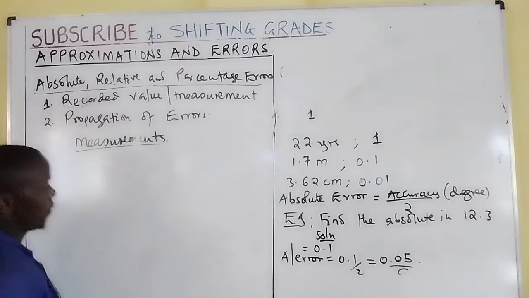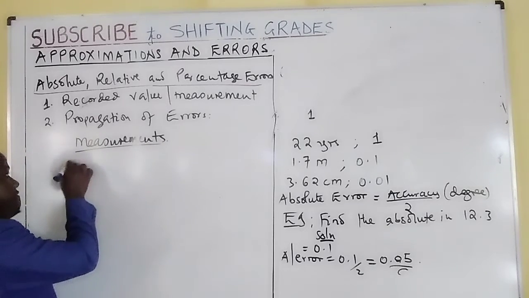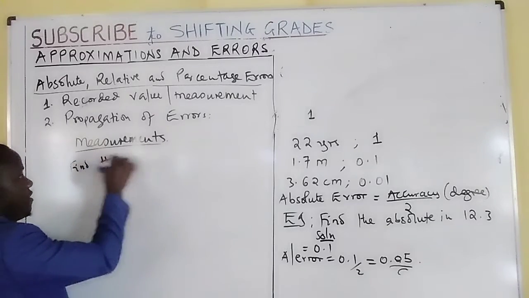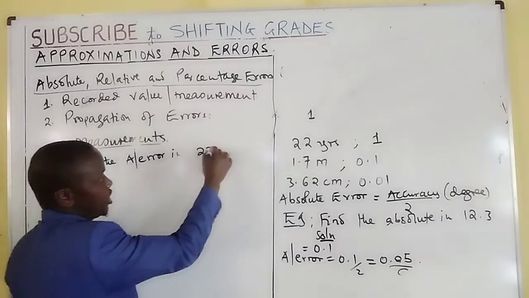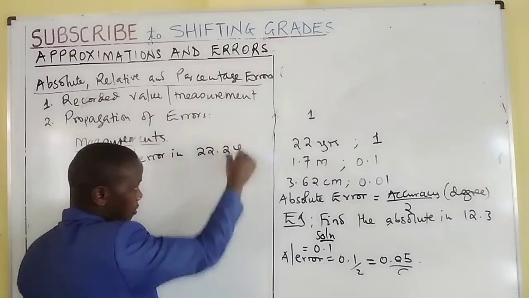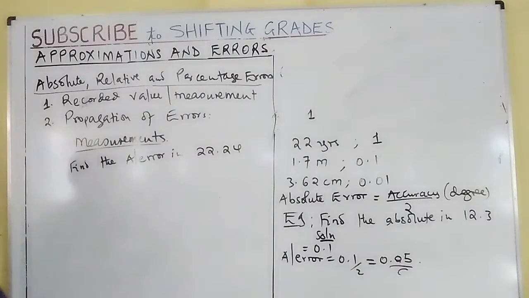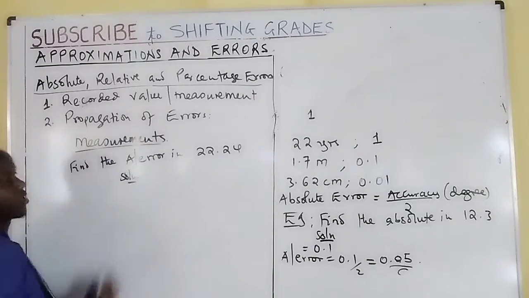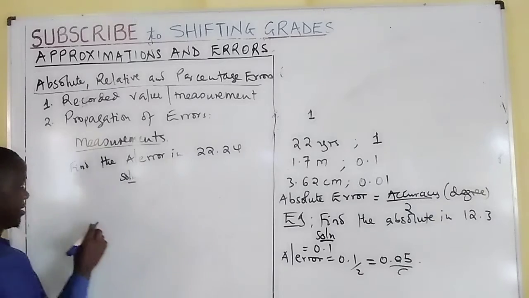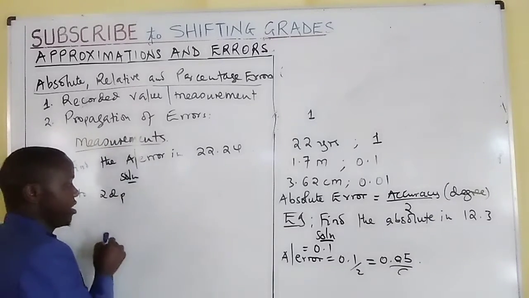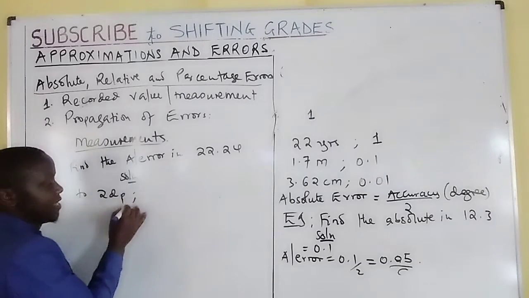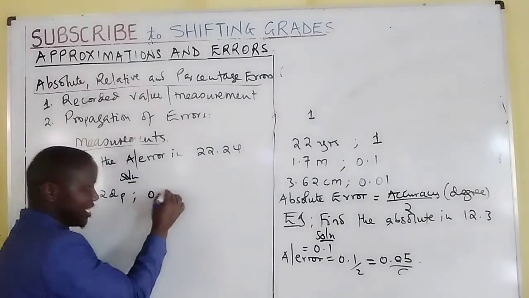Another example, when I tell you find the absolute error in 22.24. This one has been recorded to 2 decimal places. Therefore, to a degree of accuracy of 2 decimal places, it means this is an accuracy of 0.01.